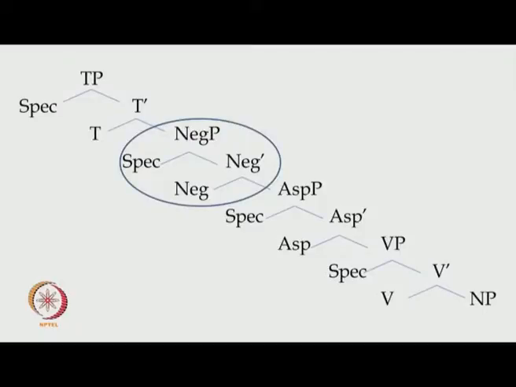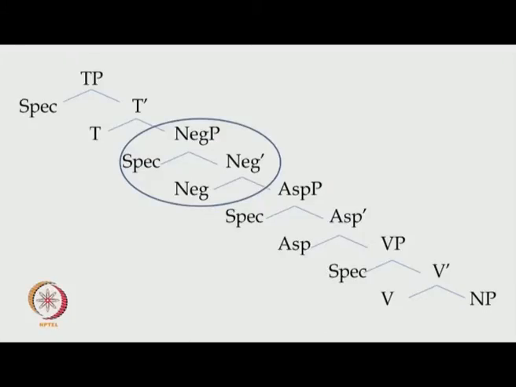Let me show you what I mean by functional layer. If I had more time, I would get into more details to show you. Do you see this structure? Looks familiar?